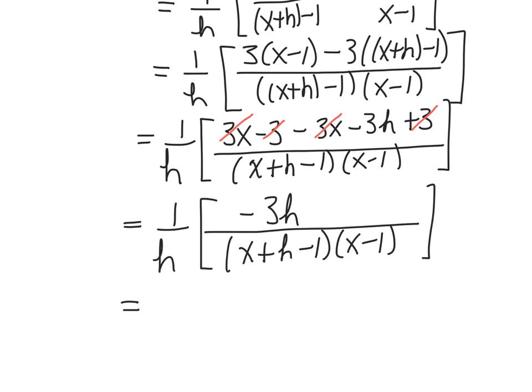And I can now cancel those h's, and this is equal to minus 3 over x plus h minus 1 times x minus 1, and that's the simplified version of f of x plus h minus f of x over h.